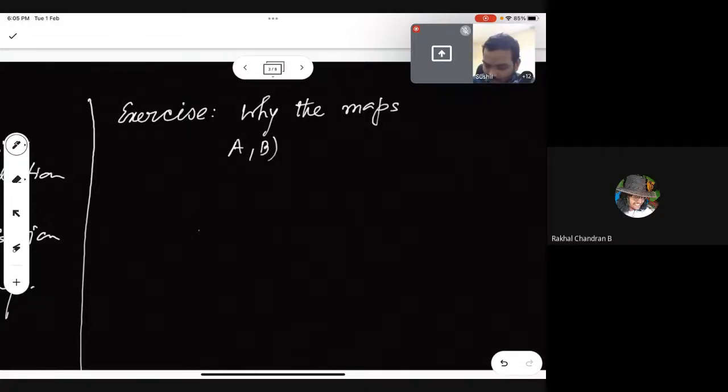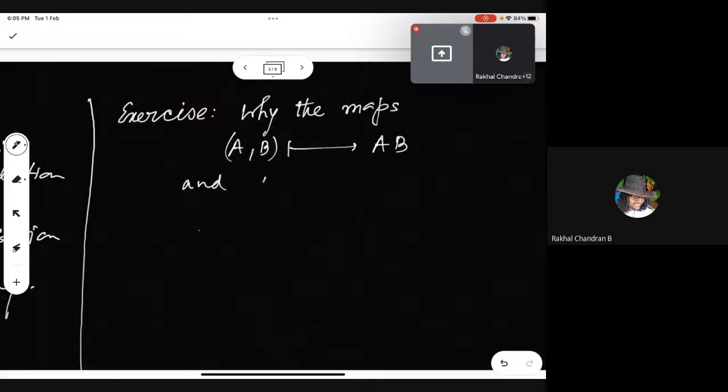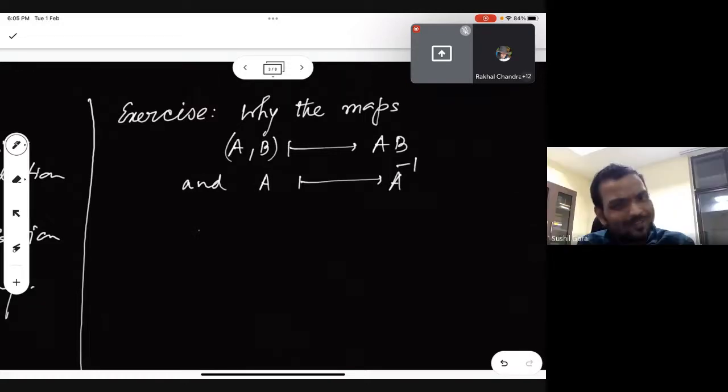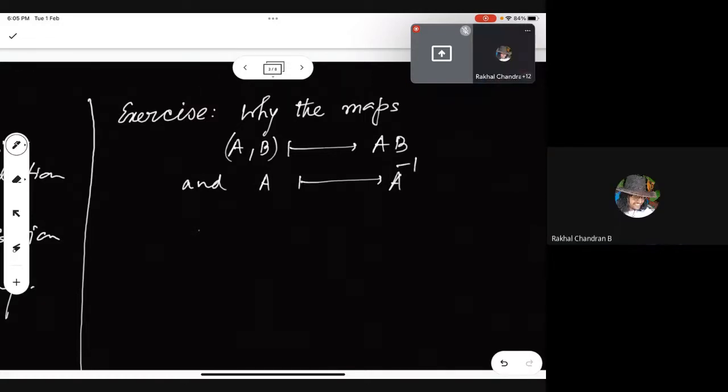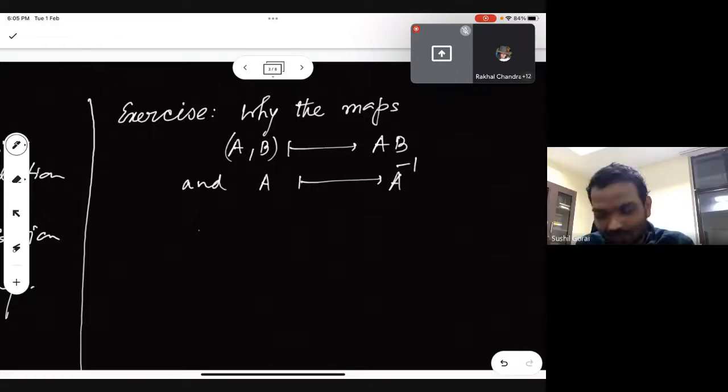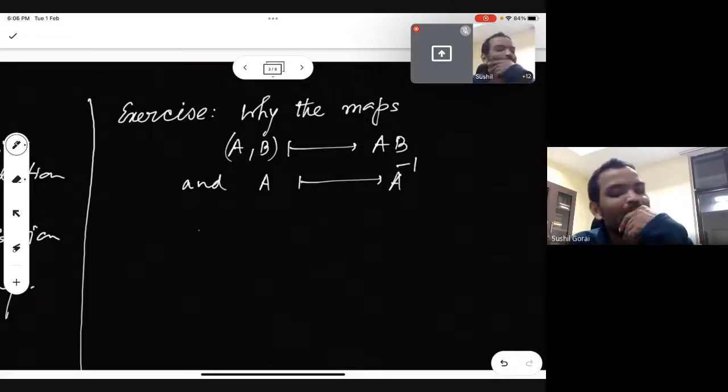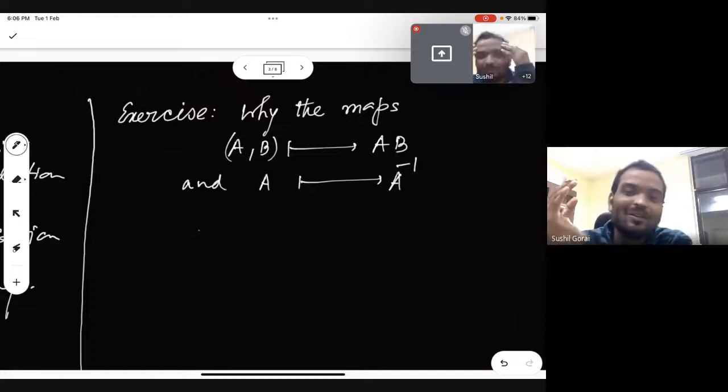Yeah, speak. When we are multiplying two matrices, each component of the resultant matrix is a polynomial. Right. So all the components are polynomials, hence smooth. Why are the component maps smooth?